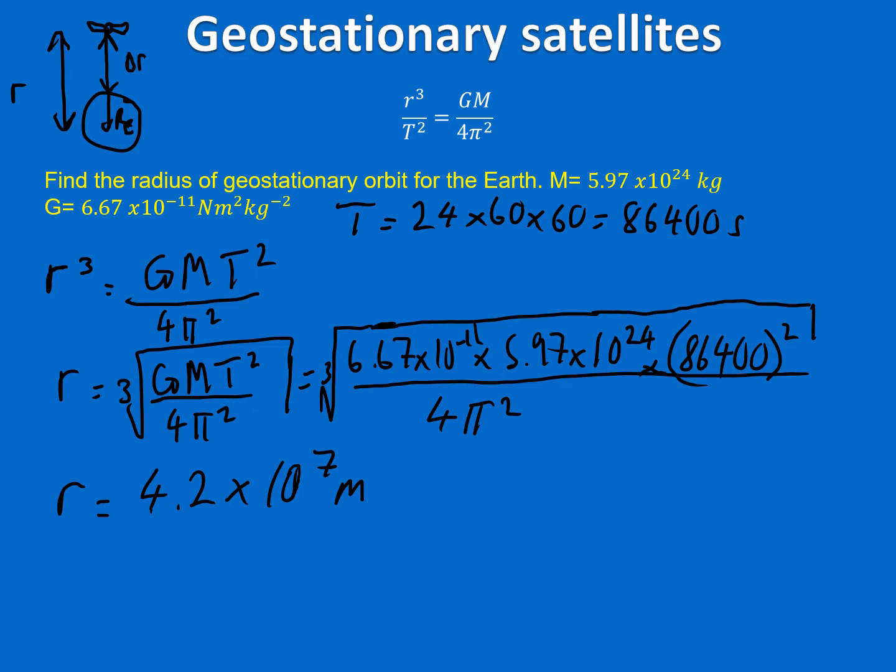So if we want to find the height above the Earth that this is at, the height will be equal to 4.2 times 10 to the 7 minus the radius of the Earth. So radius of the Earth, RE, we'll put it up at the top here, the radius of the Earth is 6,400 kilometers.